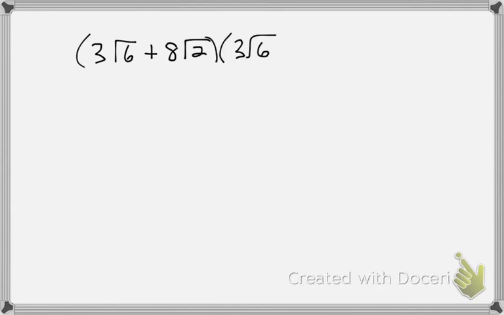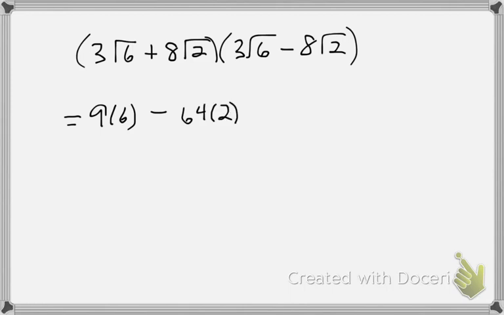What happens if I do 3 square root of 6 plus 8 square root of 2 times 3 square root of 6 minus 8 square root of 2? That's that difference of squares again, right? 9 times 6 minus 64 times 2.